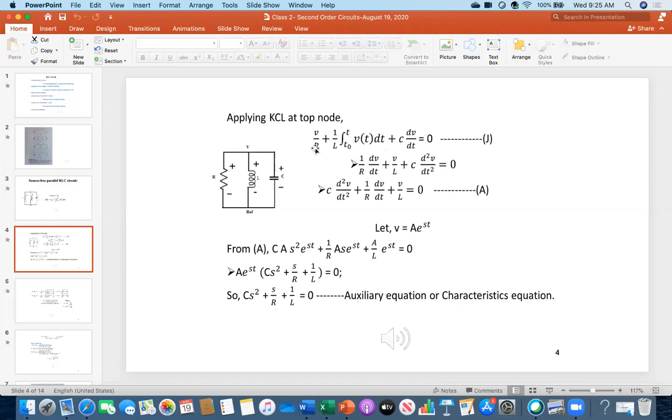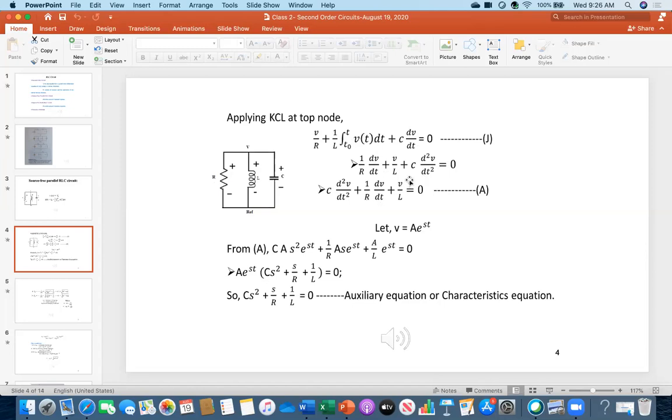So look, this is 1 over R and then dv by dt. The third expression is C d square v by dt square. But then the middle expression, because this is an integration, if you take the derivative of it, it simply gives v. So this is 1 over L and v. We just took the time derivative of the first equation.